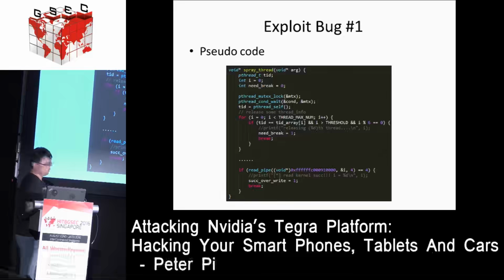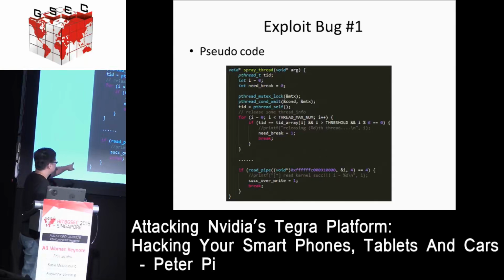If the thread is still alive after the first signal, it will receive the second signal from the main thread to check if it can read a kernel address directly by using read pipe. If reading kernel memory is successful, then we get the corrupted thread, which can read and write kernel memory.